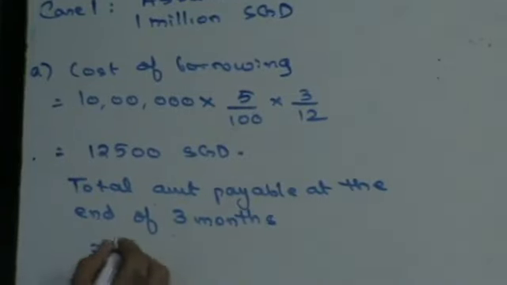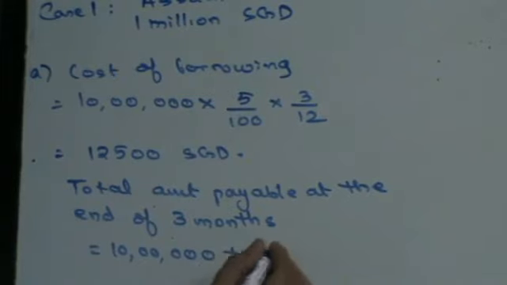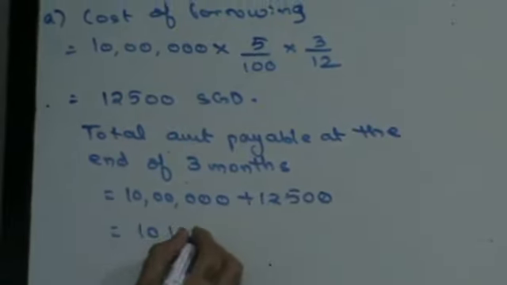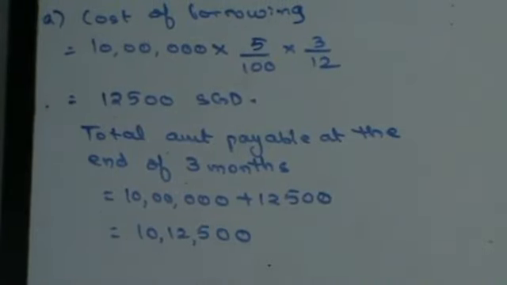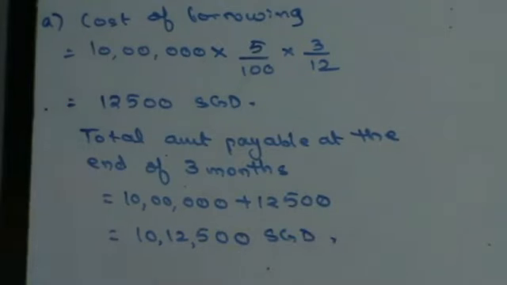The total amount payable at the end of 3 months is 1 million plus 12,500, so 1,012,500 Singapore dollars have to be paid at the end of 3 months.